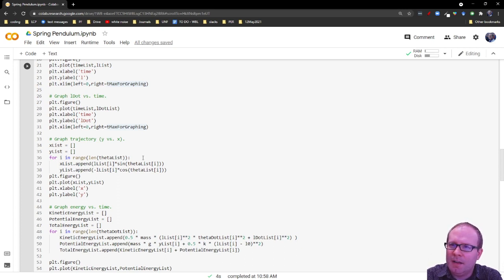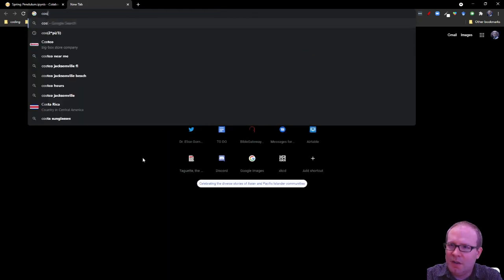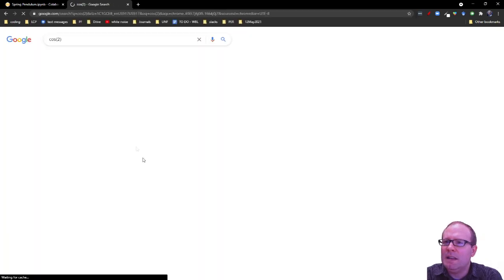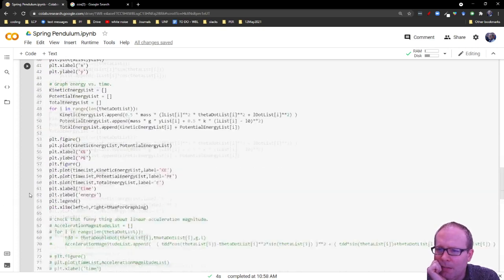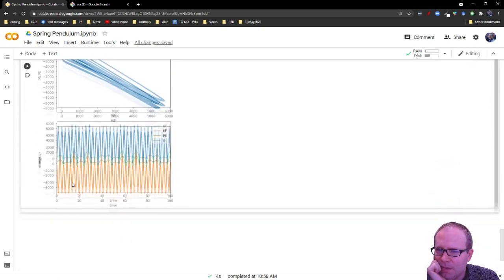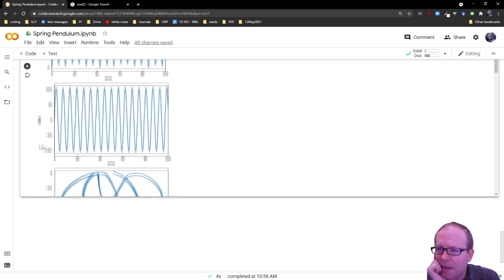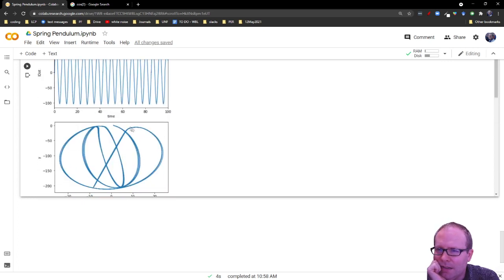So cosine of 2 should be a negative number. So my y should be starting out as positive. Okay, maybe this is a sign that I do have something mistaken, that my y is not starting out positive. Maybe it is starting out as positive, and it's just barely above the 0.